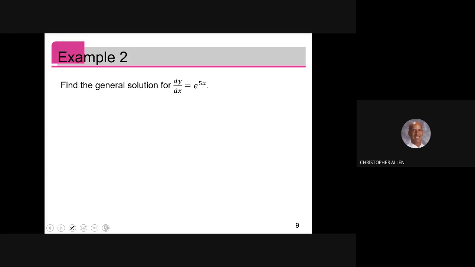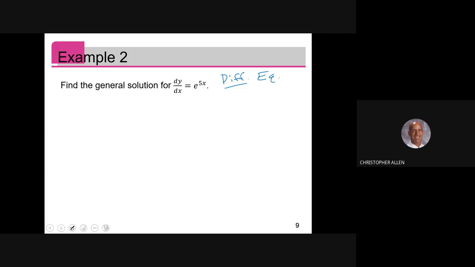This says example 2. I guess the first one I didn't call an example. Oh, well, okay. So this says find the general solution for this. Remember, this is called a differential equation, right? We've already talked a little bit about differential equations. All a differential equation is, is an equation with a derivative in it.